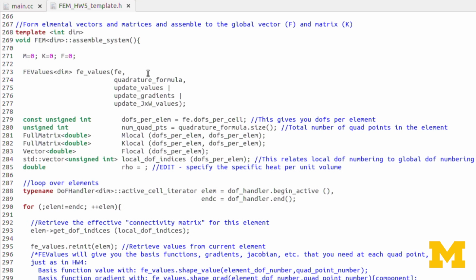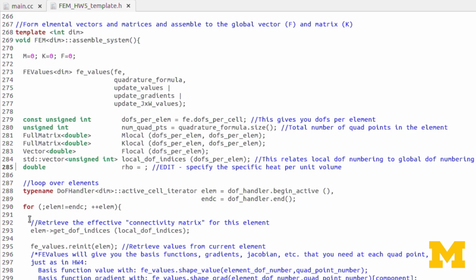We're going to update the values, update the gradients, and the Jacobian determinant times the quadrature weight values. I've set up this variable rho, and that's the specific heat per unit volume. It's a constant that we'll be giving you in your homework assignment that you'll use to define M local and then to get your global mass matrix.